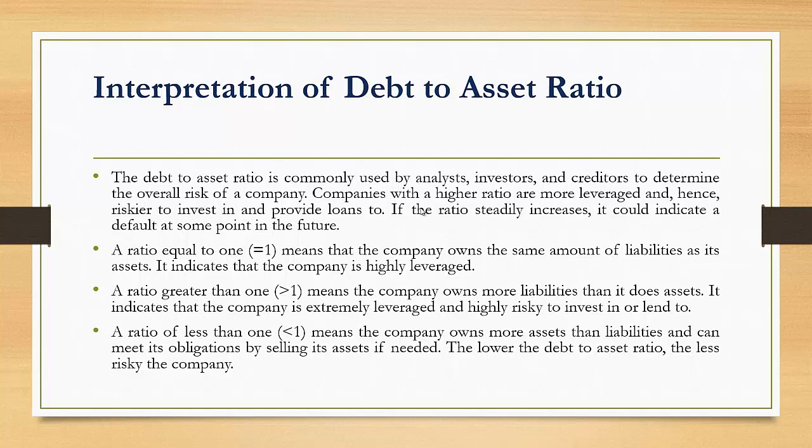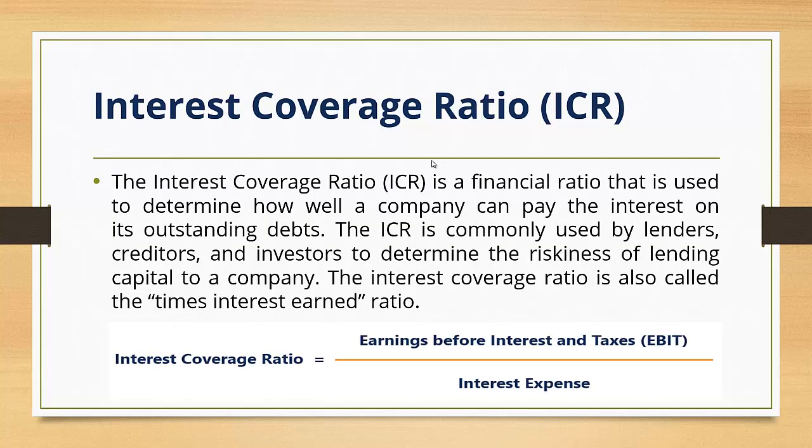It indicates that the company is extremely leveraged and highly risky to invest in or lend to. A ratio of less than 1 means that the company owns more assets than liabilities and can meet its obligations by selling its assets if needed. The lower the debt to asset ratio, the less risky the company is.